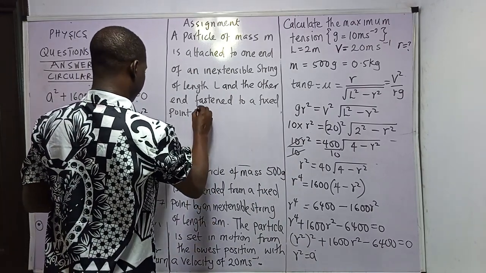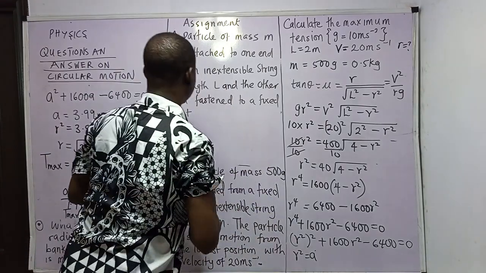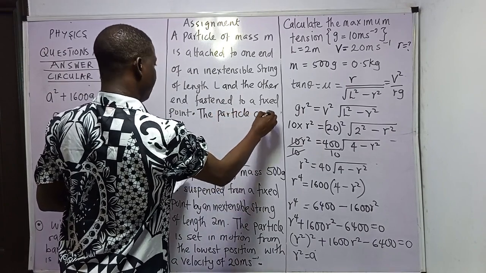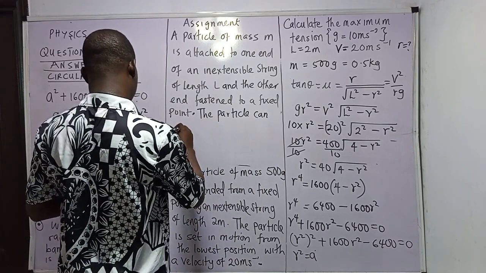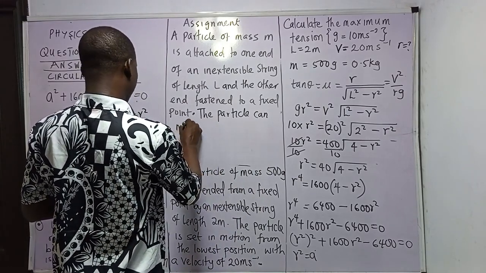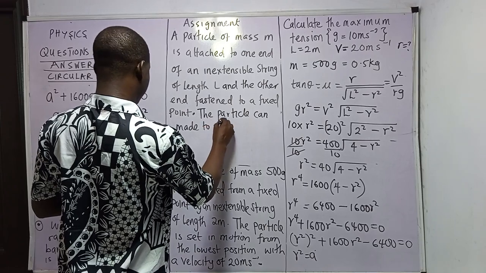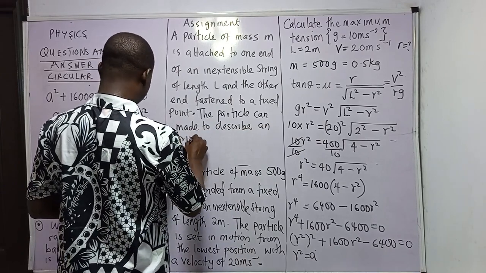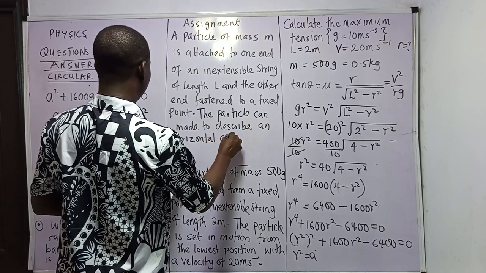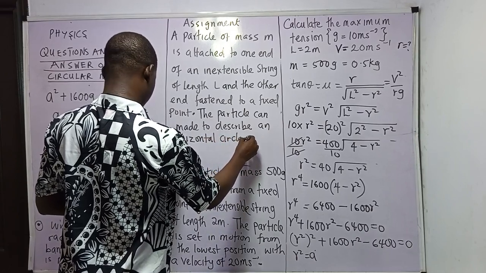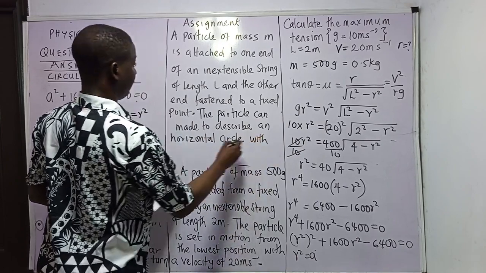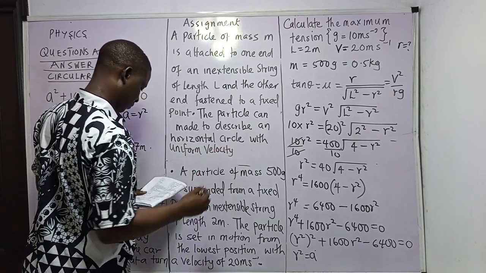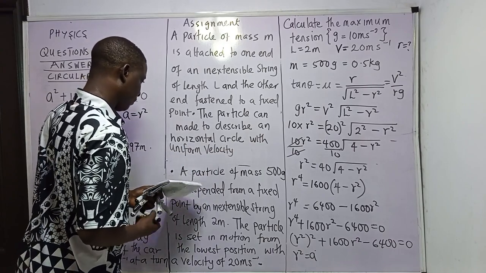The particle can be made to describe a horizontal circle with uniform speed V.